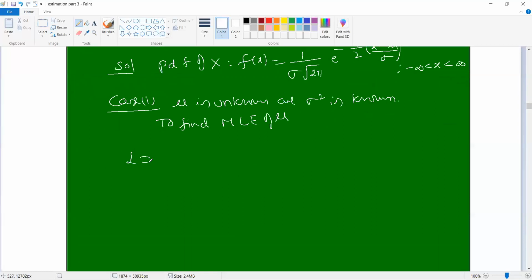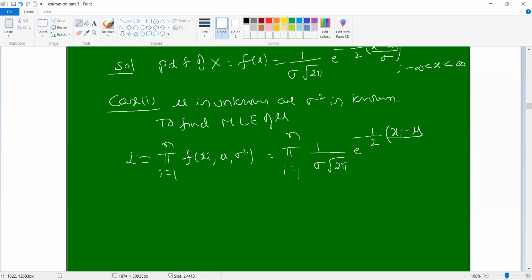Now, the likelihood function. The likelihood function is common for both mu and sigma square here. The product for i equal to 1 to n of f of xi comma mu comma sigma square, that is the product for i equal to 1 to n of 1 by sigma root 2 pi e power minus half xi minus mu by sigma whole square.